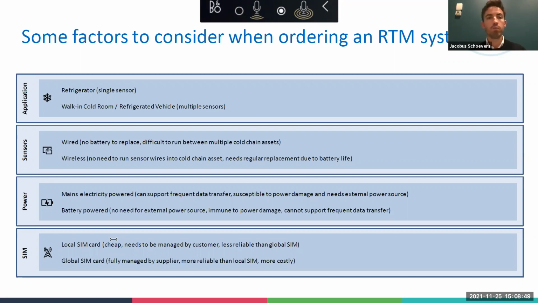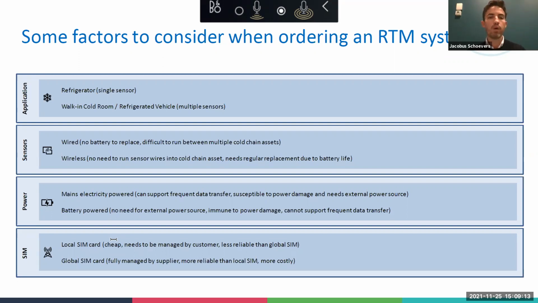Wired sensors means that you don't have any battery to replace on that sensor, but you have to run a wire all through the facility to get to the refrigerator or walk-in cold room. Whereas wireless, you don't need to run any wires, so the installation is quite a bit easier, but these sensors do need to be replaced regularly due to the battery life of the sensor.